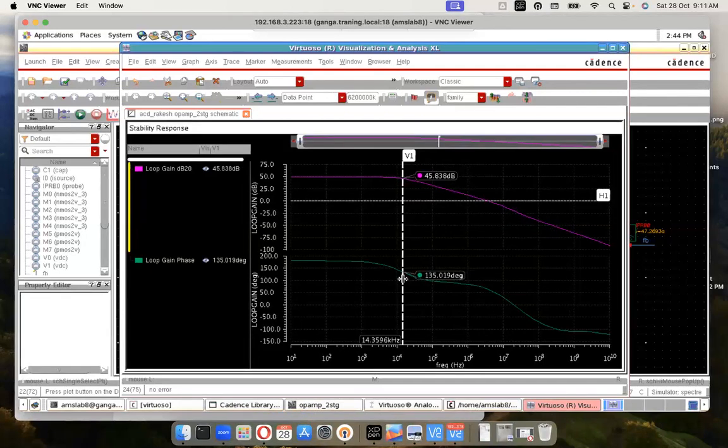Meaning initially it was 180 degrees. You're moving from 180 degrees to 90 degrees, but exactly where the pole happens to be, your phase shift is 45 degrees. That means 180 degrees minus 45 degrees is 135 degrees, somewhere around here. This location is where your pole is.